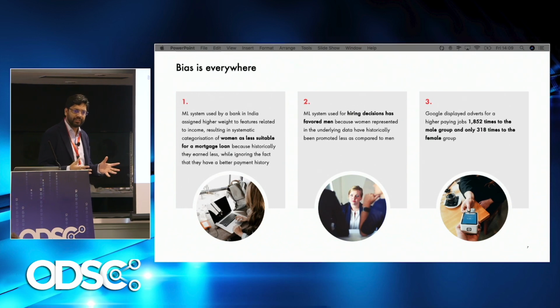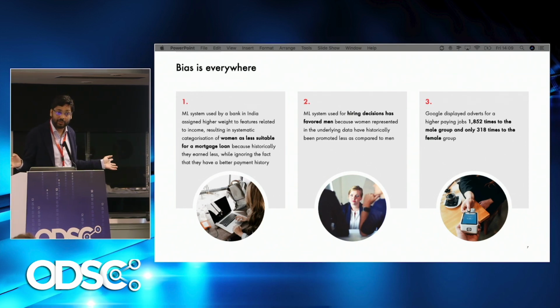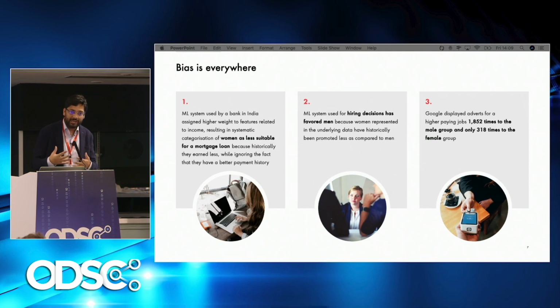Women in Asian countries and most countries are paid less than their male counterparts, and that is why they started rejecting loans without giving higher weightage to the feature which talks about loan payability, that is, that they do not default. But that is how it happened.